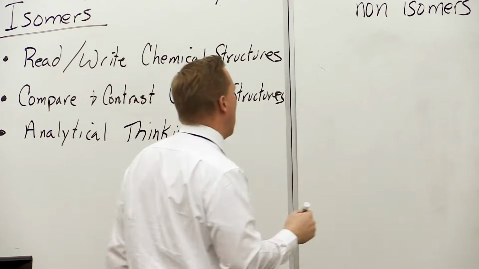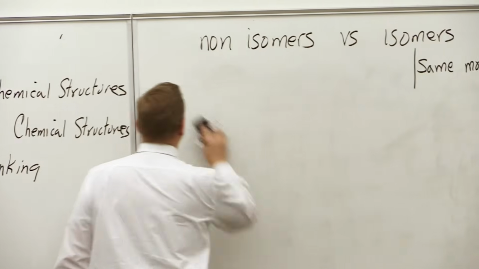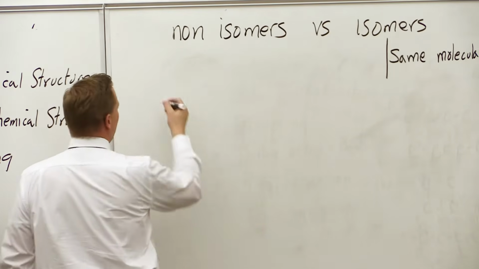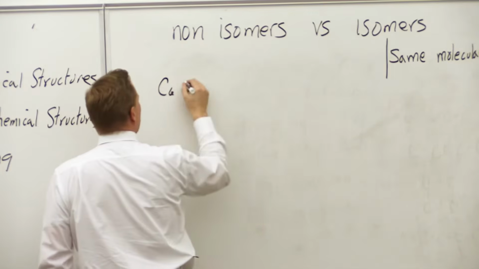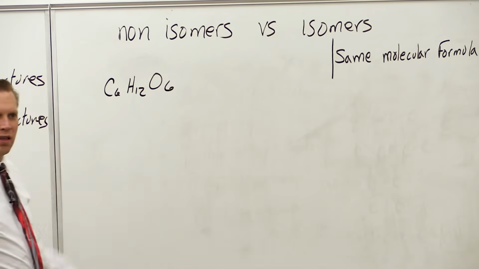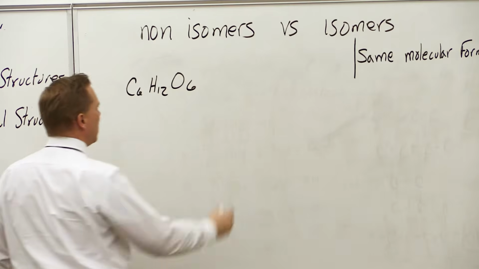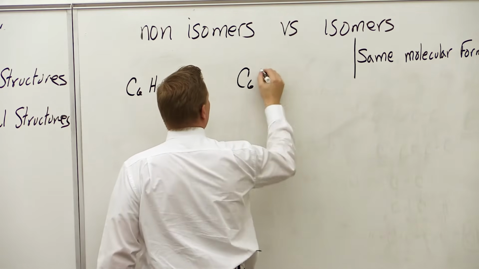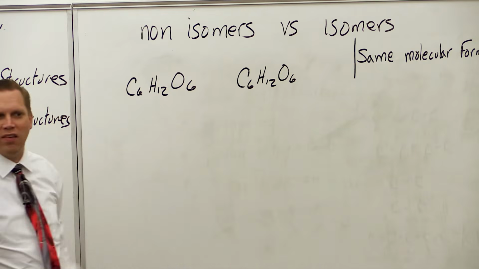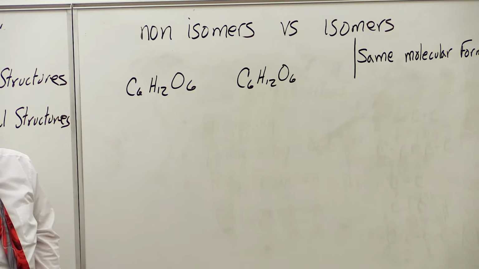Now, sometimes you'll be given that molecular formula and then it would be really easy. For example, they might say C6H12O6. That would be the molecular formula of one, and then you could look at the other one, C6H12O6, and you say, oh, those two molecules have the same molecular formula.